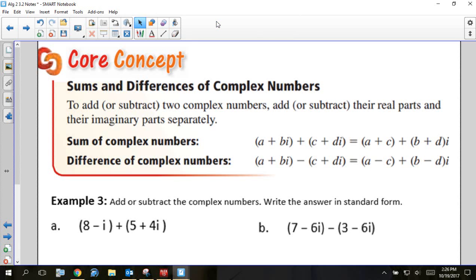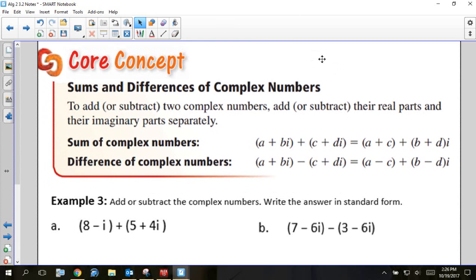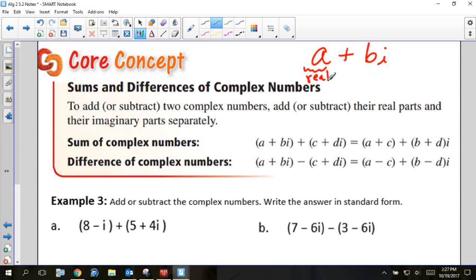They're in the form of a plus bi. a would be the real portion, and bi would be the imaginary. So if I said 5i, would that be the a, or the bi?